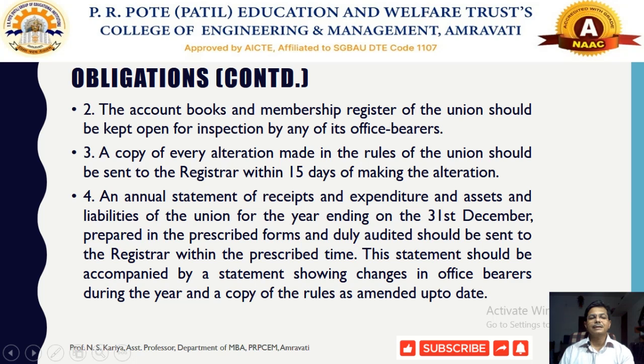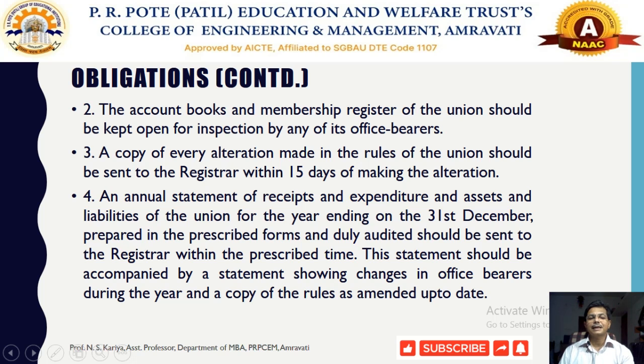Also, there are some mandatory rules and regulations which are made applicable to the registered trade union, and annual statements of receipts and expenditure. So whatever receipts by means of which they collected the funds, along with their expenditure statement, need to be prepared and submitted from time to time.